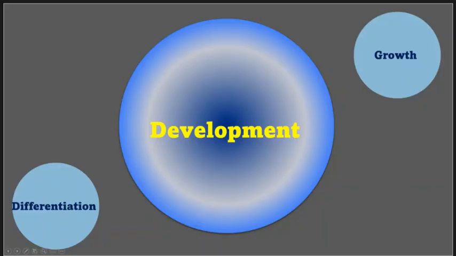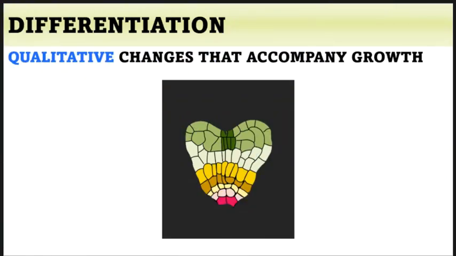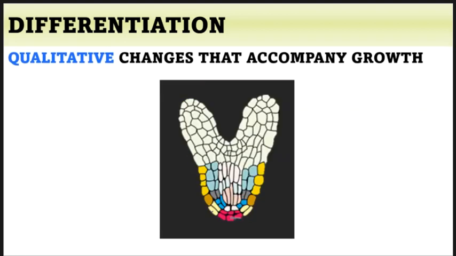Let us understand another accompanying term, differentiation. Differentiation occurs when cells assume different anatomical characteristics and functions or form patterns. For example, consider embryogenesis, which begins from a zygote and passes through octant shape, heart shape, torpedo shape, and becomes a mature embryo.